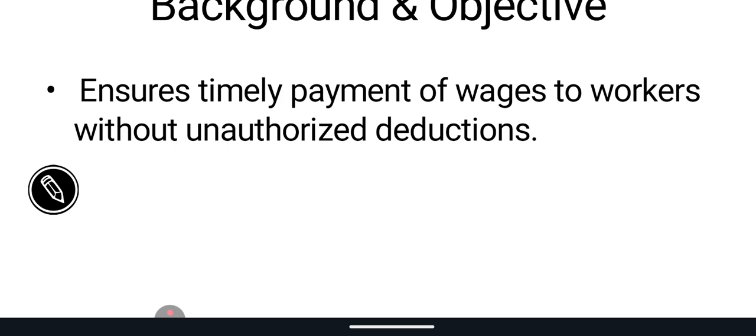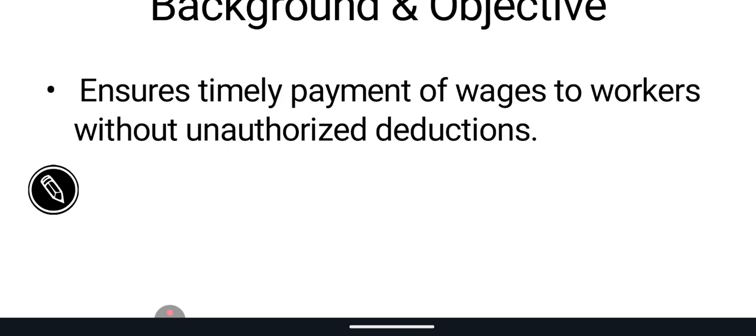If someone working in a company does not come for 2 or 3 days without giving any prior notice, whether he had some problem, went somewhere else, or had other important work, then it is the company's right to cut his salary and deduct his payment.